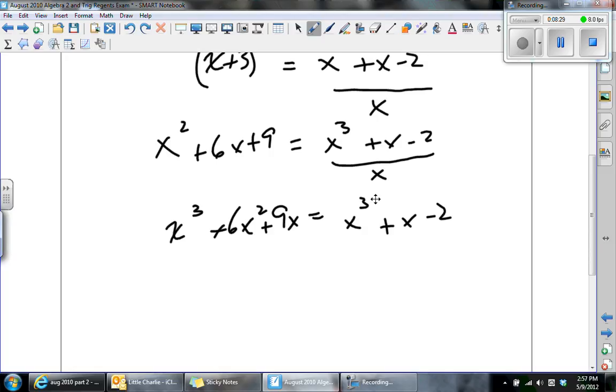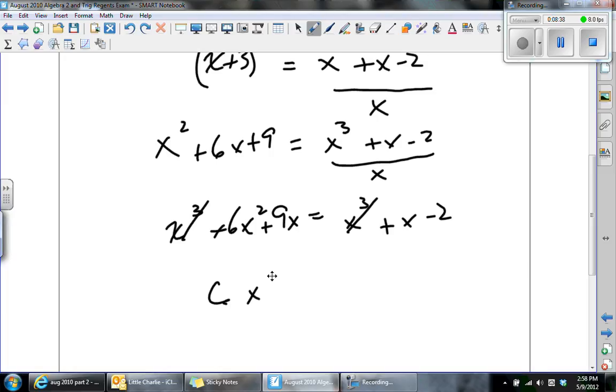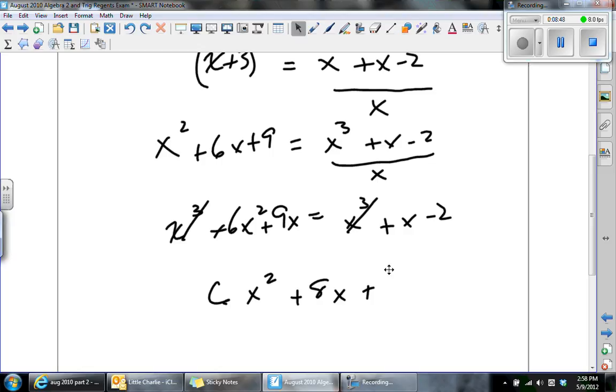The x to the third cancels. It's quadratic. We bring everything to the left, so that gives us 6x squared plus 8x plus 2 equals 0.